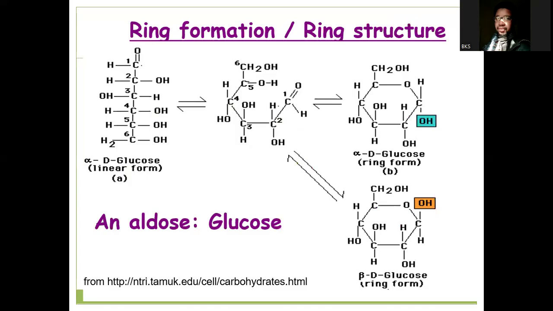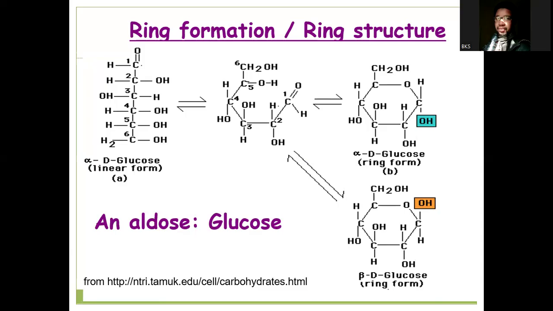So this is exactly what happened here. When the reaction occurs, this carbon 1 can bend towards carbon 5, the OH group at carbon 5, and that can easily form this or this. We'll talk about anomers.